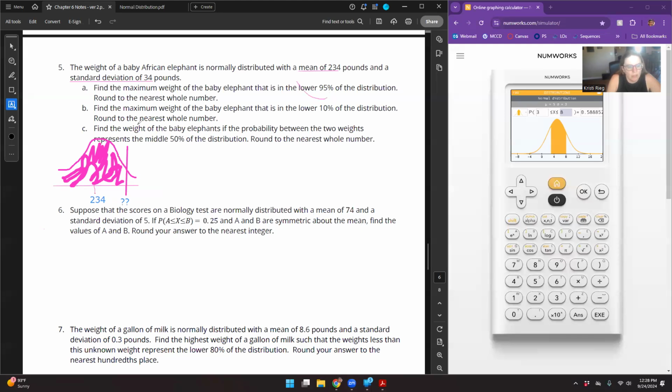The area is this lower 95%. Area and probability are the same thing with this graph. What are we trying to find? We're trying to find the x value for our calculator. We know the probability is 95%, which is 0.95.